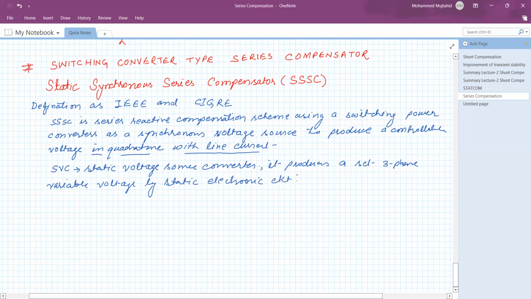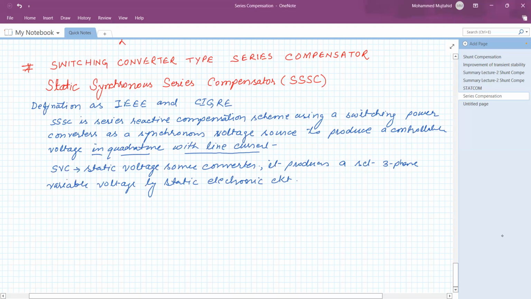Therefore, it is called a static voltage source converter. Now, it is a source of voltage. Therefore, it may be connected to inject the voltage in series with the transmission line.